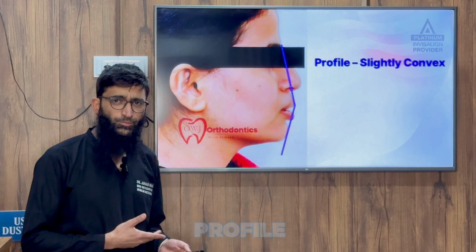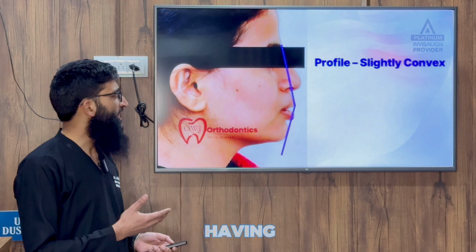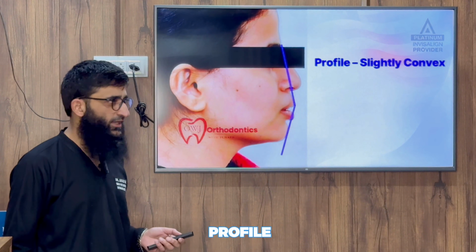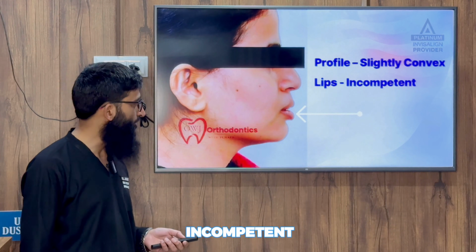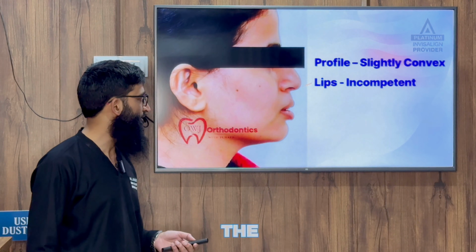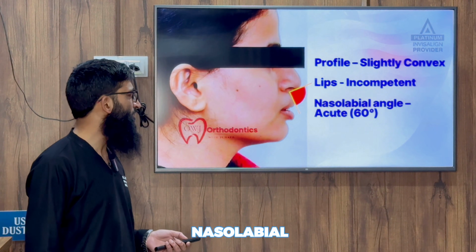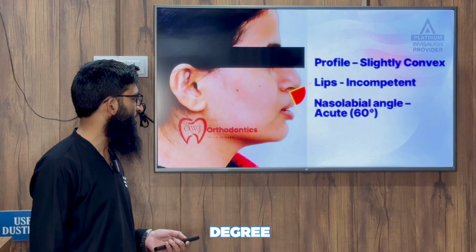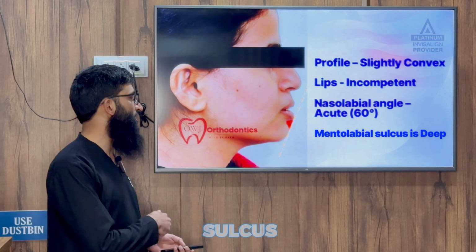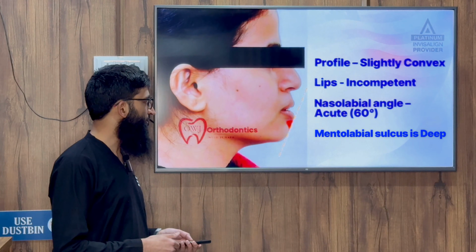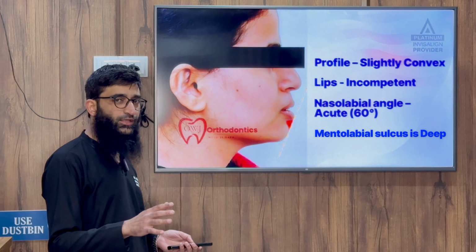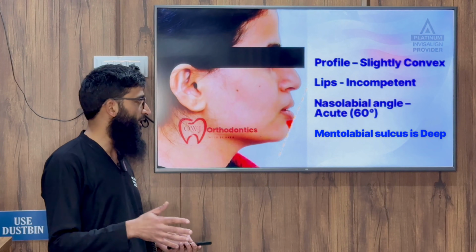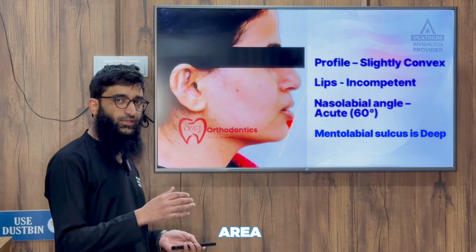Now coming to her profile, she has a slightly convex profile and her lips are incompetent, visible here. The nasolabial angle is 60 degrees, and the mentolabial sulcus is deep, which shows that the lower incisors are proclined and the musculature in the perioral area is tense.